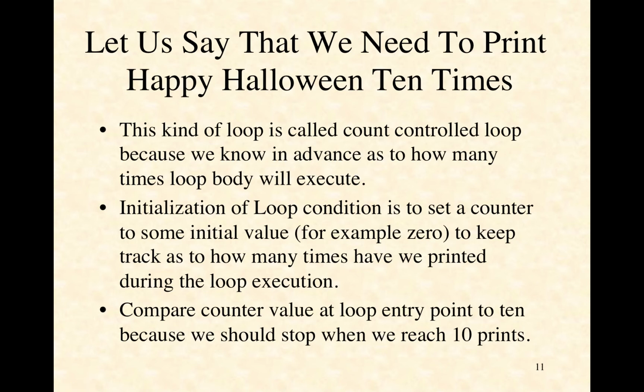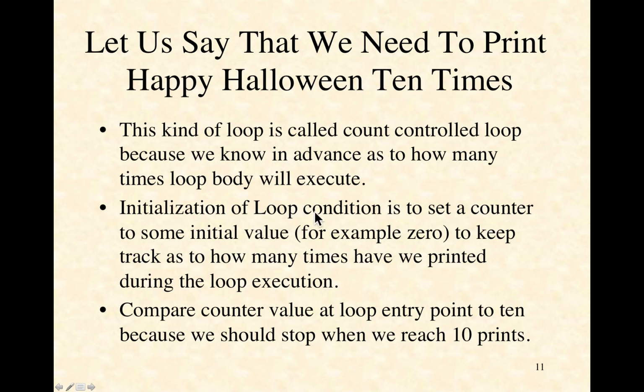Okay, so we're going to do a program using loops. Let's say we need to print Happy Halloween 10 times. And once again, this kind of loop is called a count control loop because we know in advance how many times the loop body will execute. In this case, the loop body will execute 10 times.